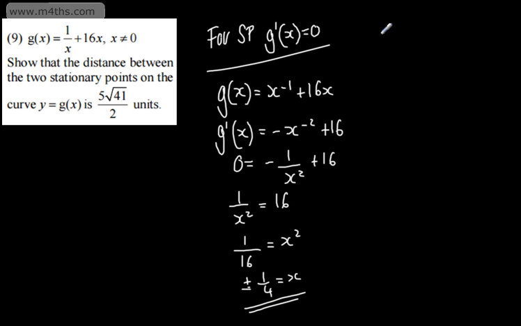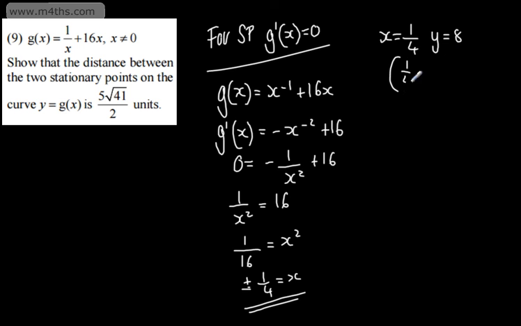Okay, so let's now look at x. So when x is equal to 1 over 4, all I'm going to do now is substitute this in to find the y coordinate. So if I put in 1 over 4, that's going to be 1 over 1 over 4, which is 4, plus 1 over 1 over 4, so what's that going to give me? 8 in total. y is going to be 8.